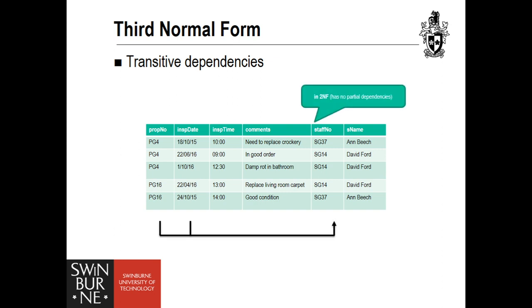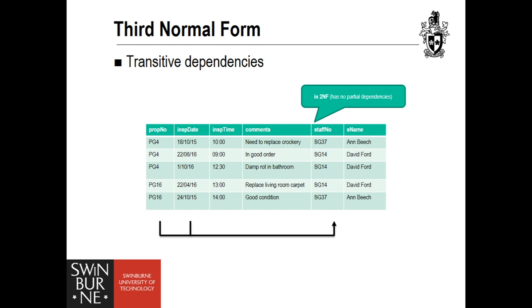To achieve third normal form, we first have to check whether the table is in second normal form. The inspection table is the outcome of our investigation of second normal form, so we know it is in second normal form. To bring a table into third normal form, all we have to do is check for transitive dependencies and eliminate them if found. As you remember, transitive dependencies are situations where an attribute is dependent on the primary key, but it does not really need the primary key to be uniquely defined.